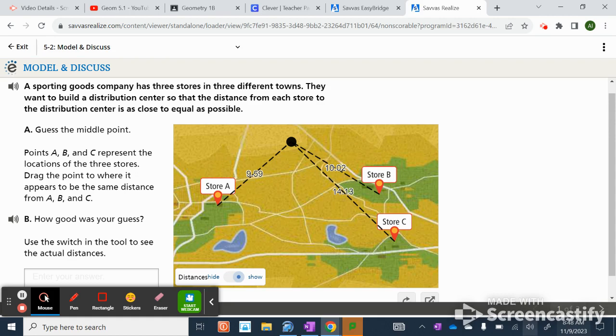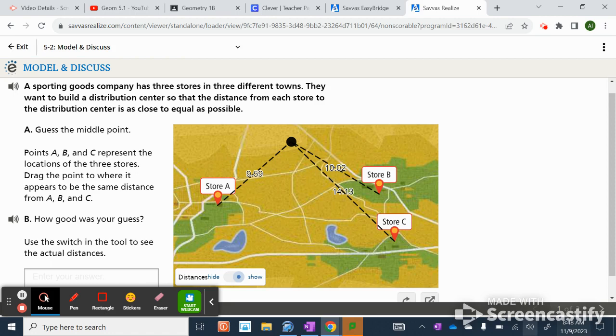Oh, I gotta go a little further probably. Right down here is my circumcenter, where if I draw a circle, it hits all 3 stores.